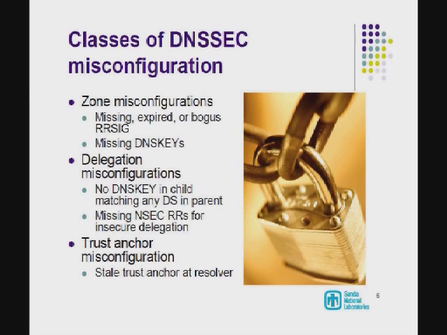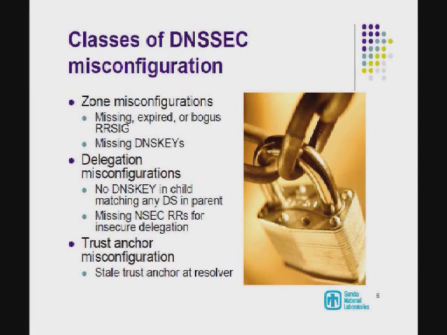Okay, so there are three classes of DNSSEC misconfiguration. I've outlined them here, and I'll enumerate some of the ways. First of all, regarding what I call zone class misconfigurations, I call them zone class because they're basically contained within the zones themselves.